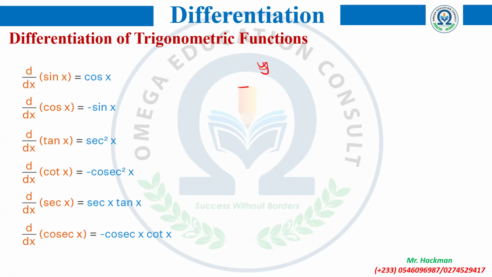Let me write d/dx of tan x. Once I know how to differentiate sine and cos, I should be able to get the differential of tan, because tan x is the same as sine x over cos x.